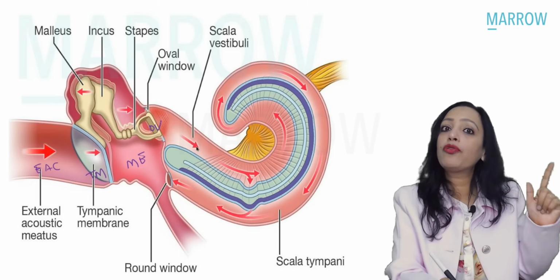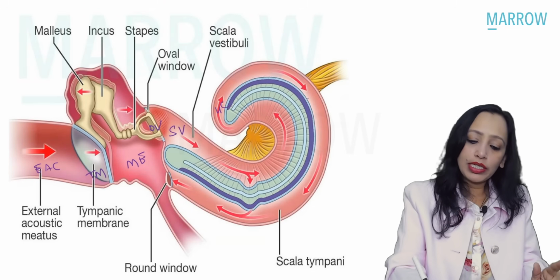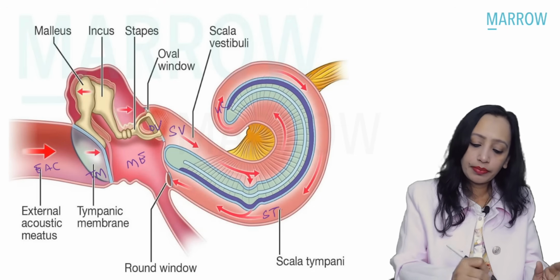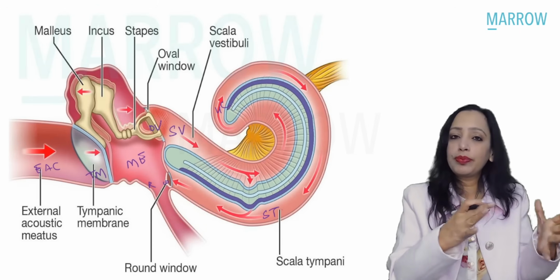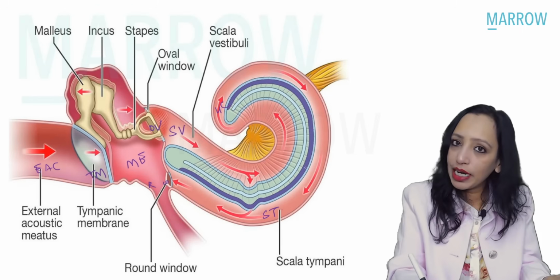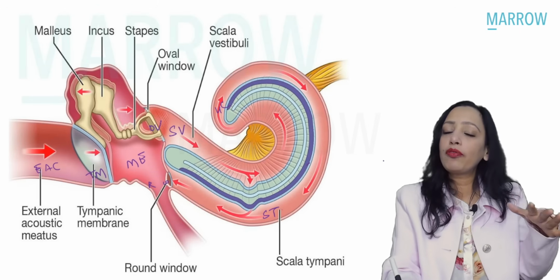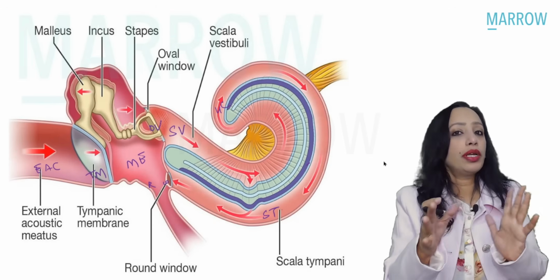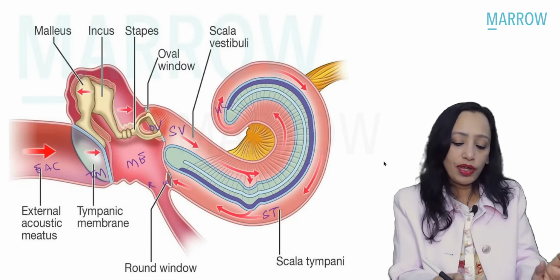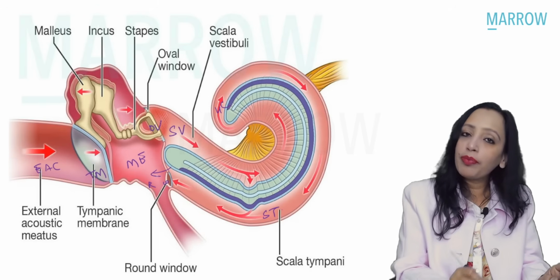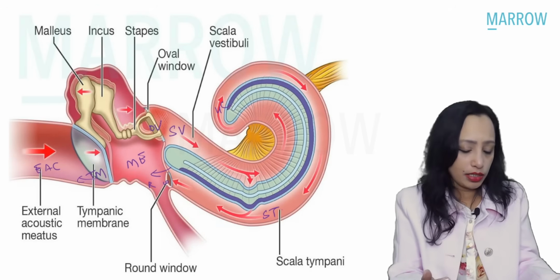So into the vestibule, from there to the scala vestibuli, and then through the helicotrema to the scala tympani. And then the round window moves out. This produces shearing action, movement of the basilar membrane, and the movement of the basilar membrane makes the outer hair cells move. The activity of the outer hair cells produces a sound which is transferred back from the middle ear to the external auditory canal, and it is recorded back by the probe in the external auditory canal.